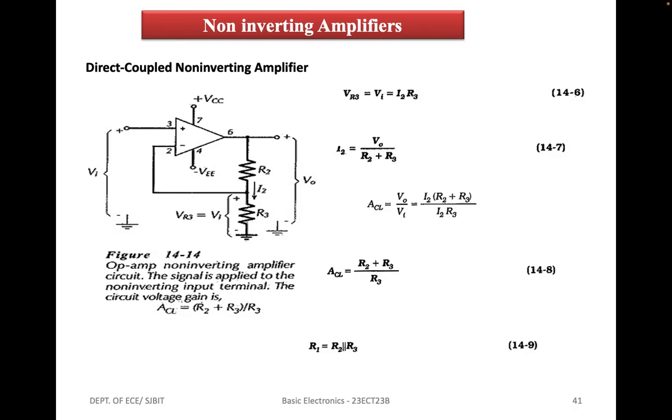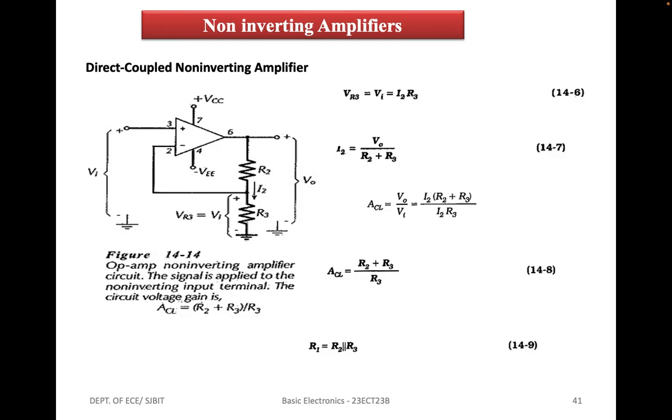Because the signal voltage is applied to the op-amp non-inverting input terminal, the output always has the same polarity as the input. A positive going input produces a positive going output, and vice versa. Thus, the input is not inverted here, and the circuit is identified as a non-inverting amplifier.